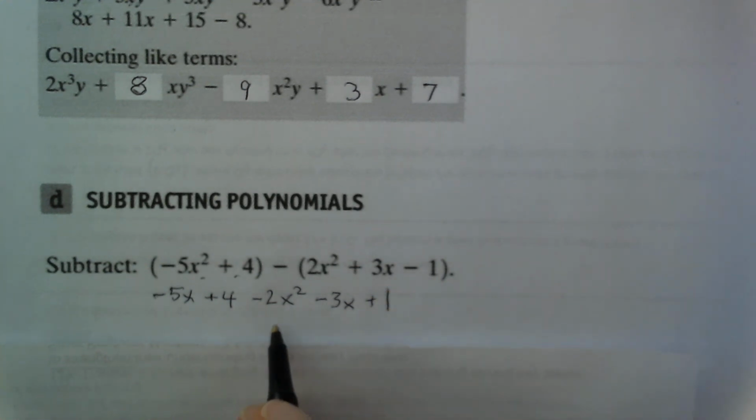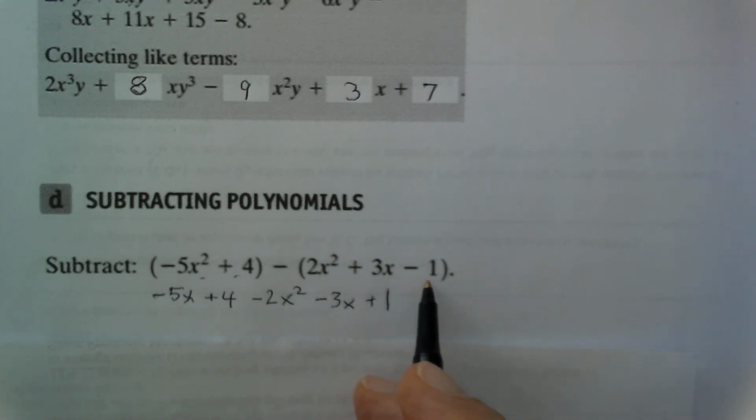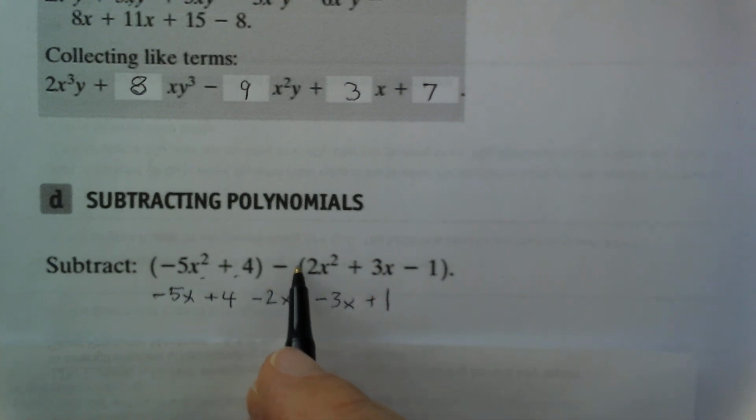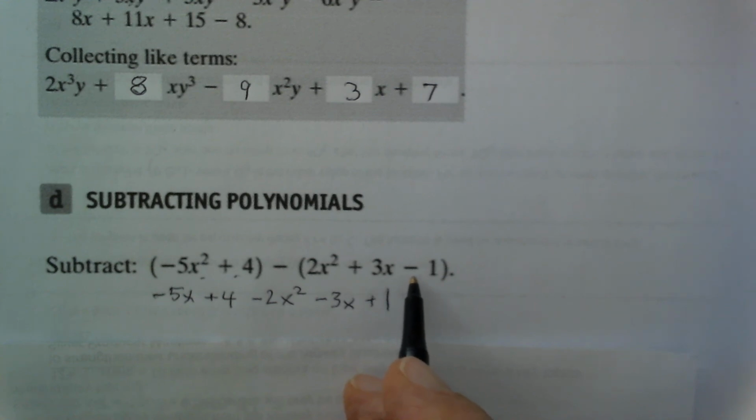Okay? So make sure you understand what happened here. In other words, we changed the signs of each of the terms inside the parentheses to the opposite because that set of parentheses was preceded by a minus sign. So whenever you see that, simply change the sign of every term inside the parentheses. Every term, not just the first, but every term has to be changed to the opposite.